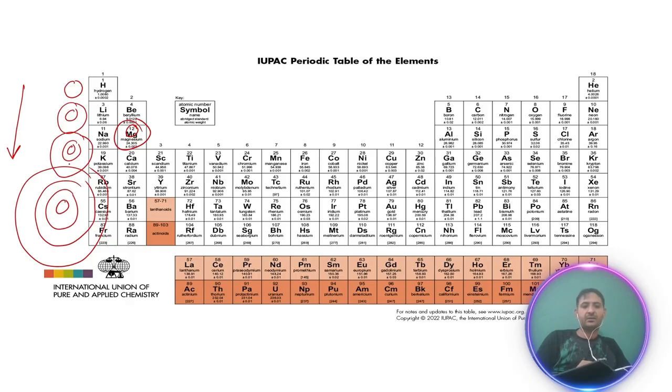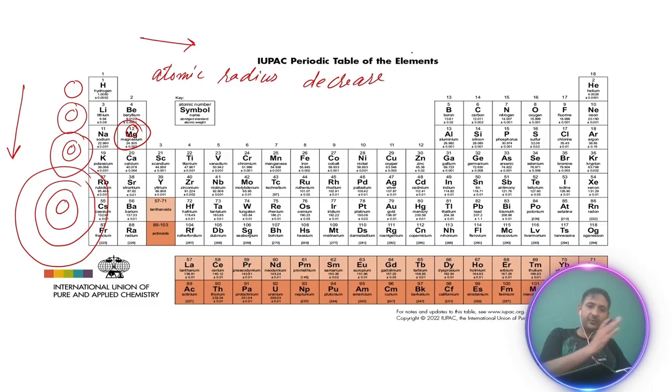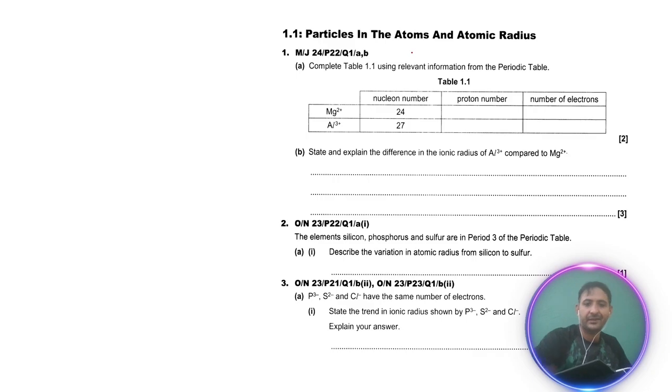Okay, down the group atomic radius increases, but left to right atomic radius decreases. When we move left to right atomic radius decreases, but we are talking about ionic radius.